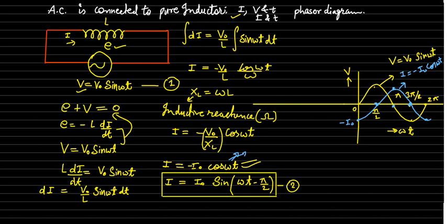Now the next step is to find the phase difference. For the phase difference, again we will choose a particular angle, and this value is omega into t. Wherever it is touching the voltage and current axis, parallel to that we will draw lines.